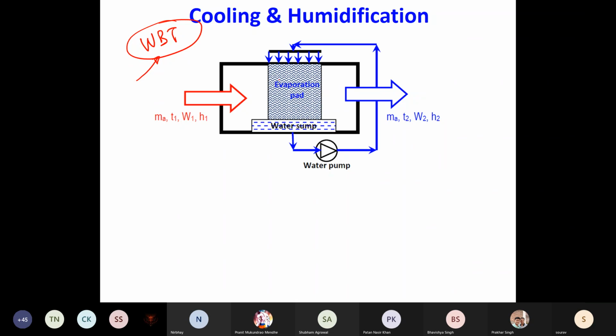That material is always kept wet. So that's why we have a wicking material, or instead of having a wicking material, you can have a pad which is always kept wet by use of a pump. You pump water and allow it to wet the entire pad.